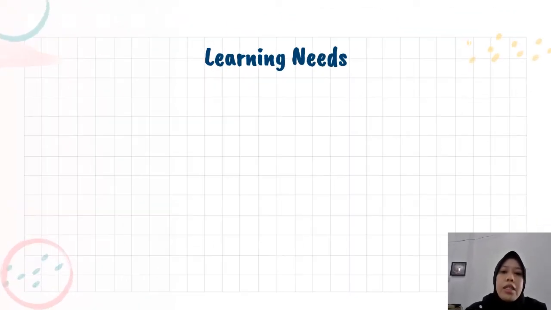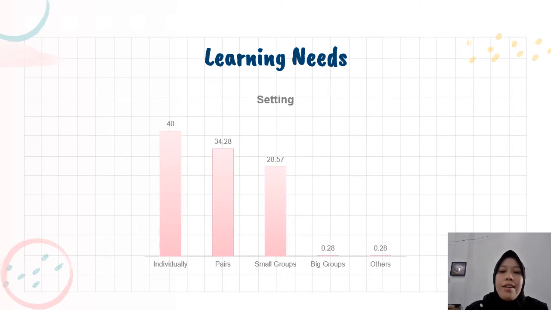The next learning needs is setting. Based on the questionnaire data answered by the students, students mostly like to learn English in an individual setting. It means that they really want to improve their English individually.